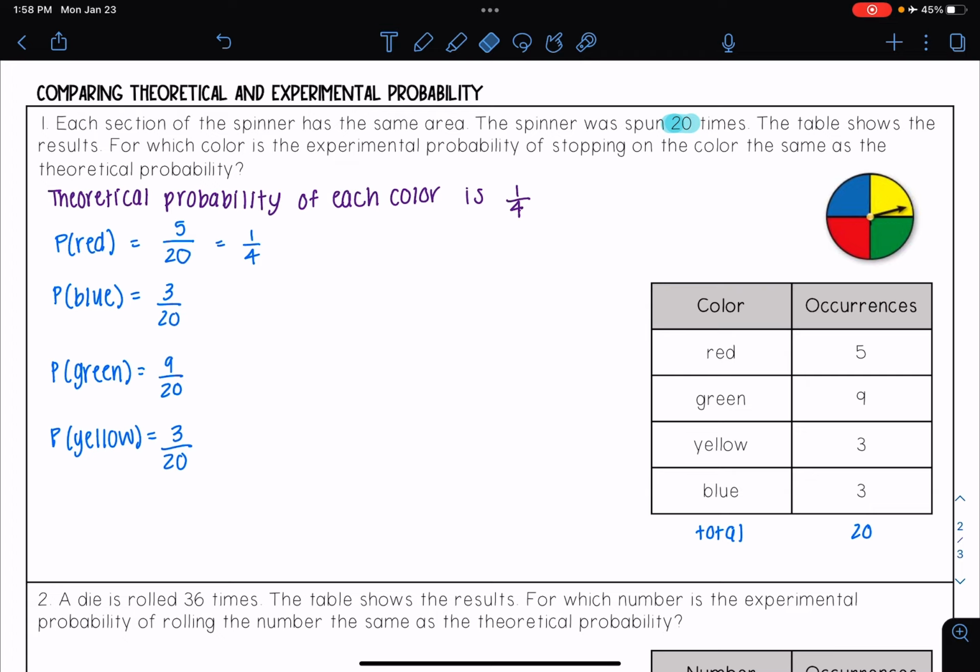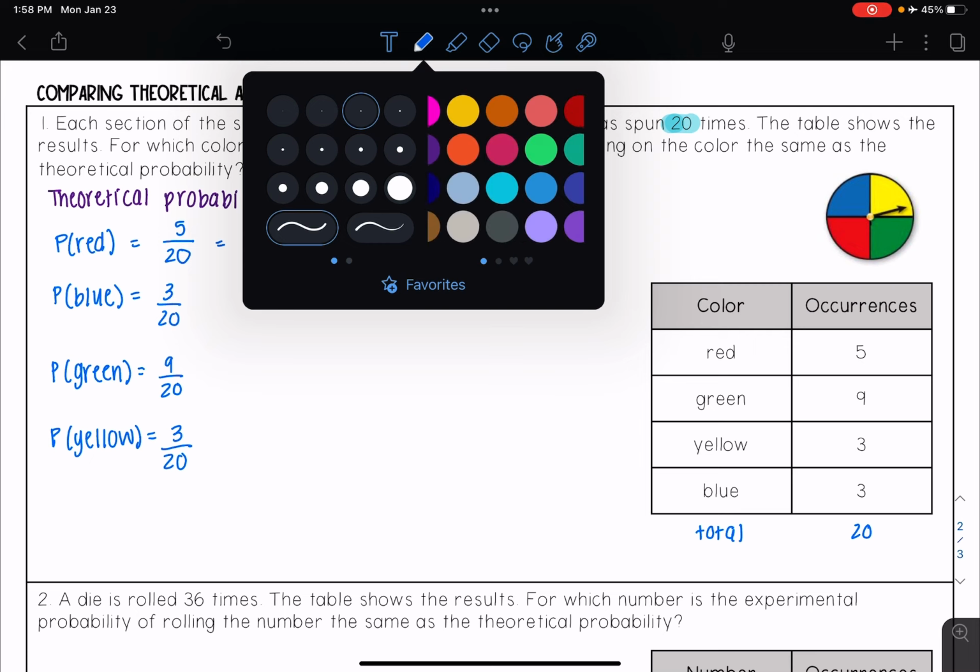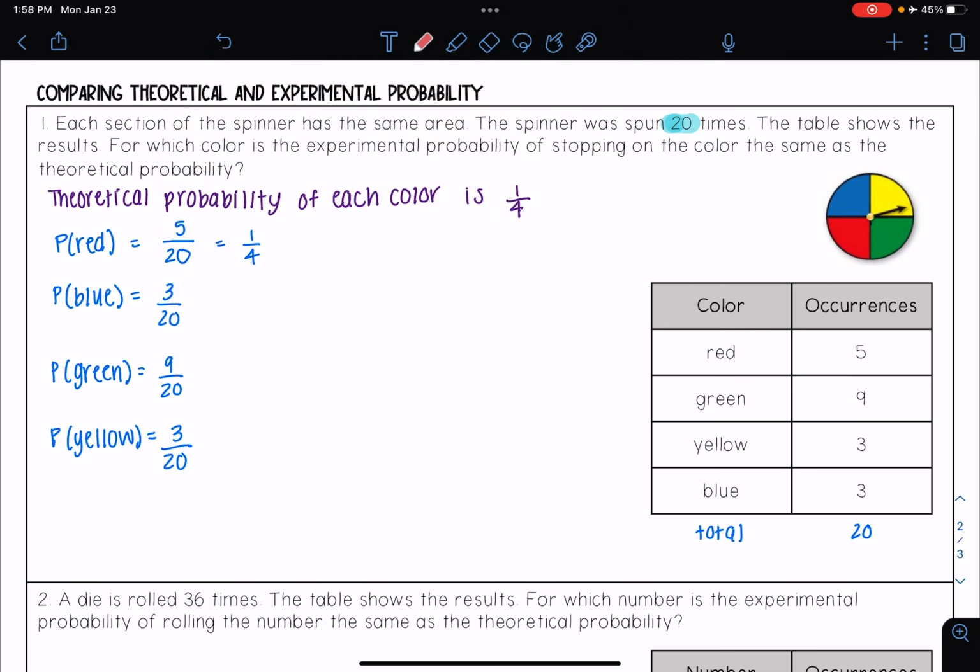So I found each of those probabilities. Now the question asked me, for which color is the experimental probability of stopping on the color the same as the theoretical probability? Looking, I'm going to see which one was equal to 1/4, and I see that those two are equal. So that means that the probability of stopping on red is the same as the theoretical probability.